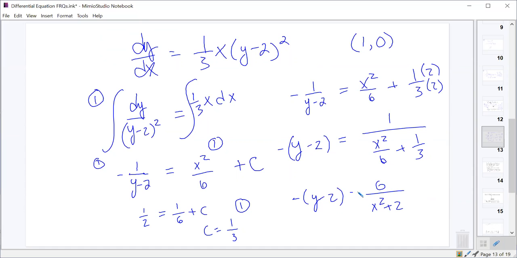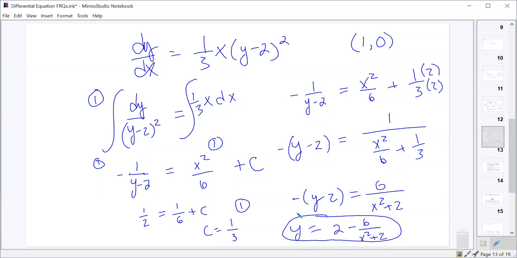So that's how I'm going to finish it off. But if you do this, you can then divide by the negative and add the 2, and that's acceptable. I think it's better to do it this way. So I divide by the negative 1, gives us negative 6 over x squared plus 2. And then I'm going to add the 2 to make it 2 minus that is what y is equal to.